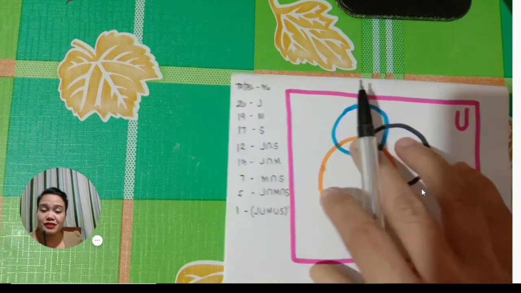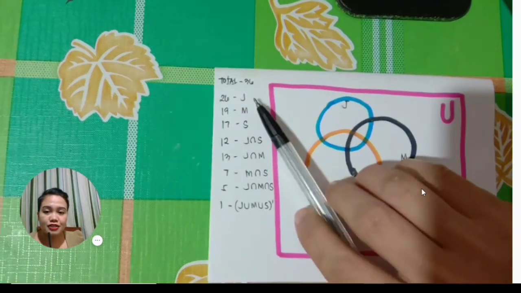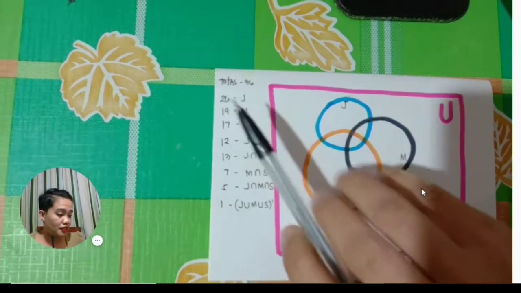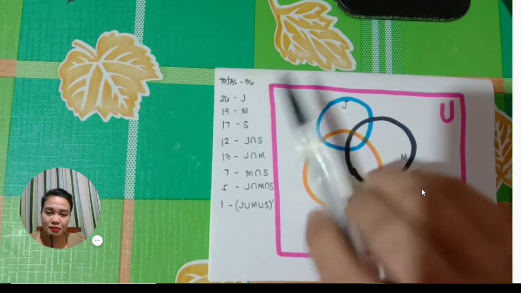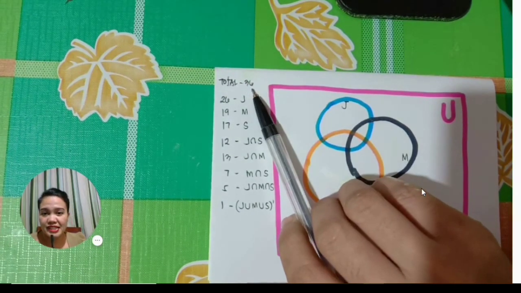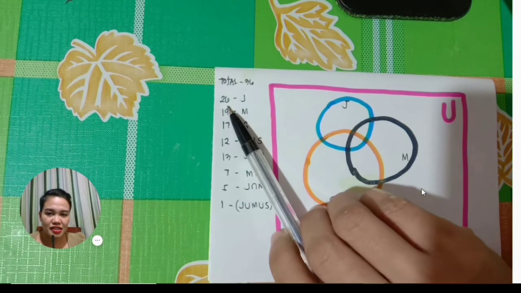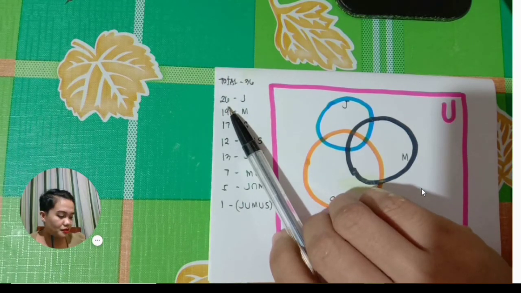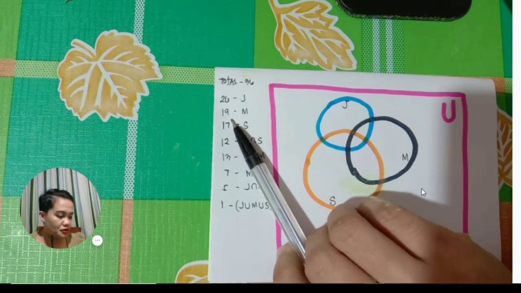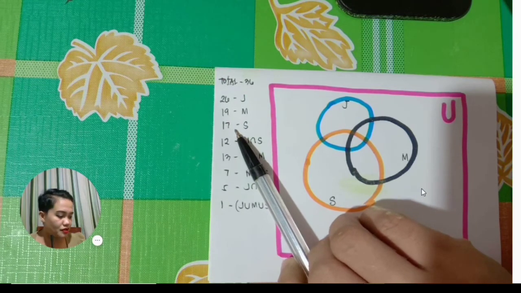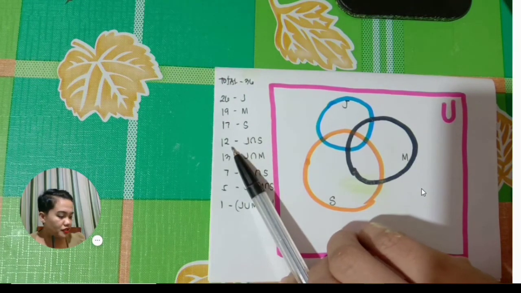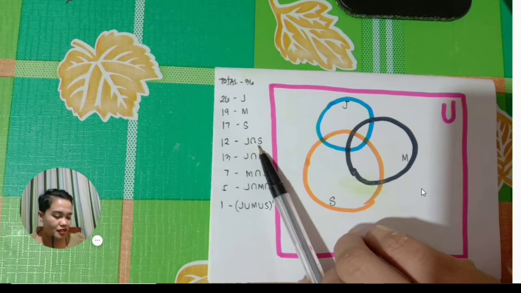So to illustrate that, I took note of the details given in the problem. There were 36 teenagers. 26 of them chose Jollibee. 19 enjoyed McDonald's and 17 went to Subway. 12 enjoyed their meals at Jollibee and Subway.